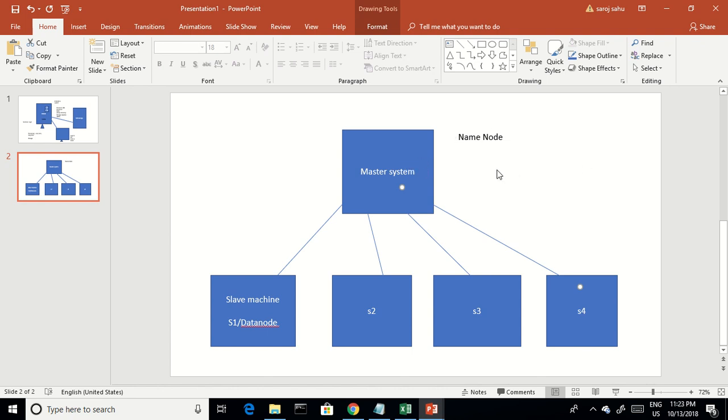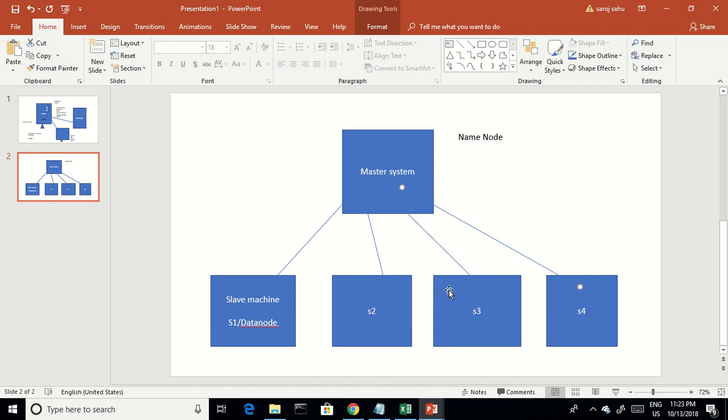Hadoop software is open source, and it is running on the Linux operating system. It may be any flavor of Linux. It may be Ubuntu, Red Hat Linux, SUSE Linux, Mandriva, etc.